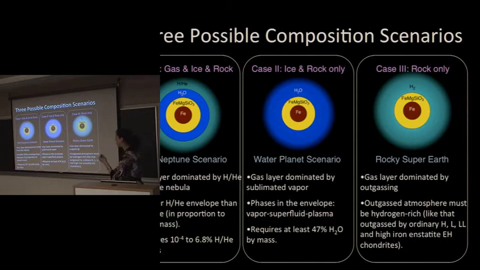So here, we explore, under the assumption that the planet has some sort of water-rich envelope, in what cases could the planet harbor a liquid water ocean?